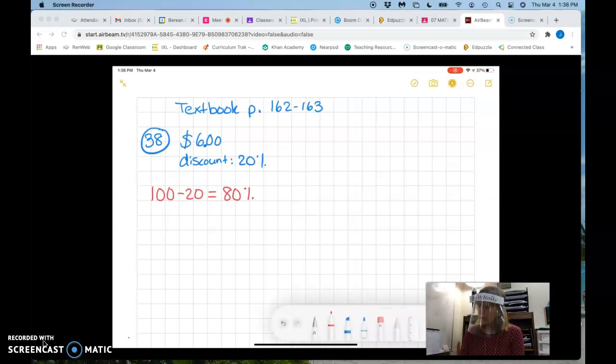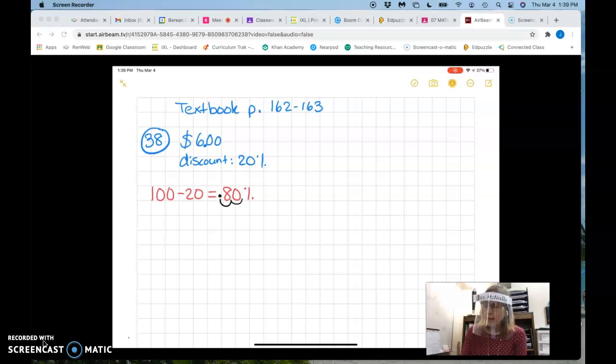Okay? And the first thing I'm going to do again, now that I have this 80, is move the decimal point 2 places to the left. And now I'm just multiplying the number I found by the socks, or whatever the original price was.